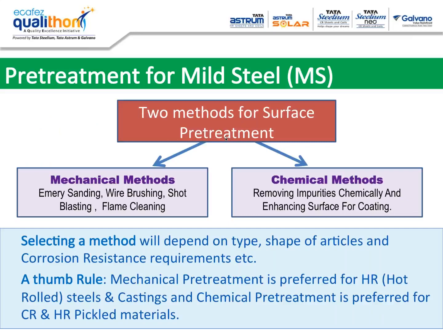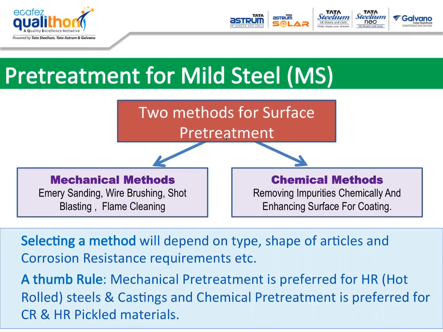Pre-treatment for mild steel or MS. There are two methods for surface pre-treatment. First is what we call the mechanical method, which is emery sanding or wire brushing, power tool cleaning, shot blasting, flame cleaning, etc. And chemical methods, removing impurities chemically and enhancing the surface for coatings.